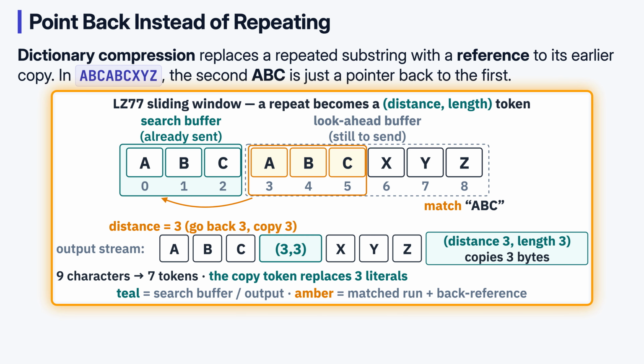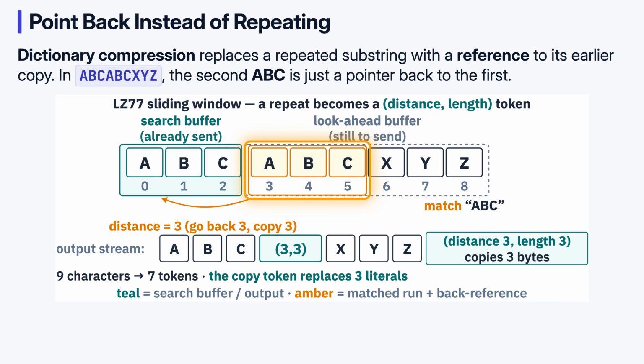Dictionary compression works on repeated phrases. Look at the string A, B, C, A, B, C, X, Y, Z. Instead of storing a repeated substring again, it stores a short reference that points back to where that substring first appeared. The ABC at the start appears a second time, right after it.